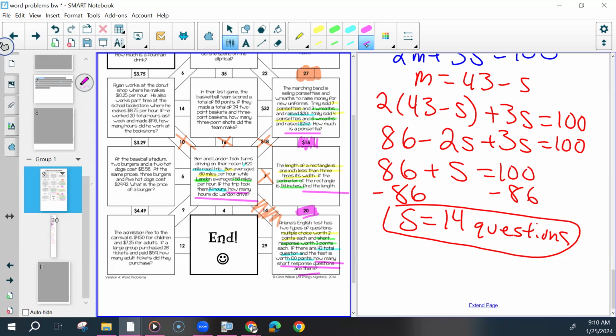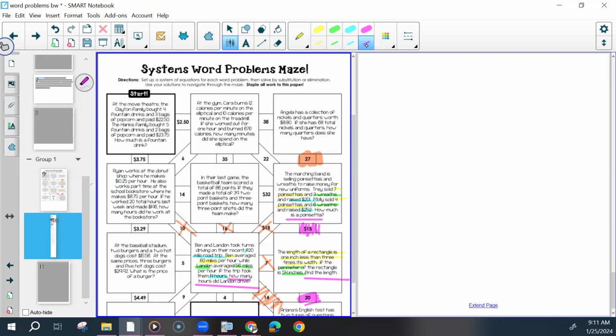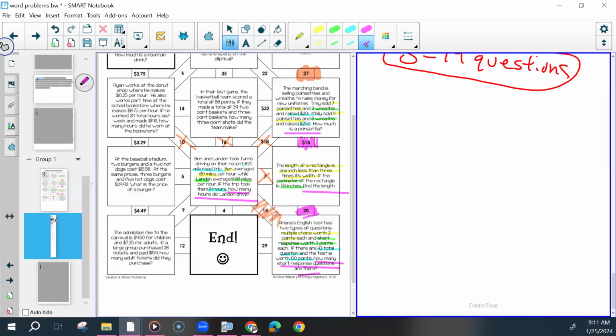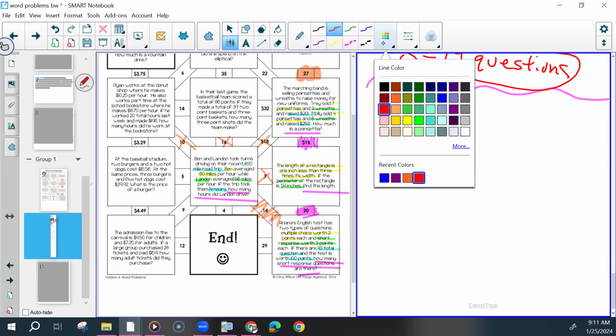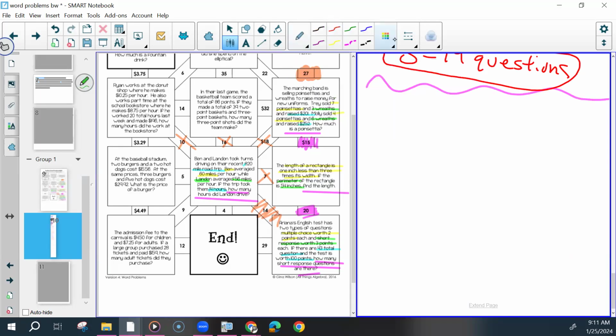So we need two variables. What do we want to call them? I'm going to capitalize them. So L and B would represent what?